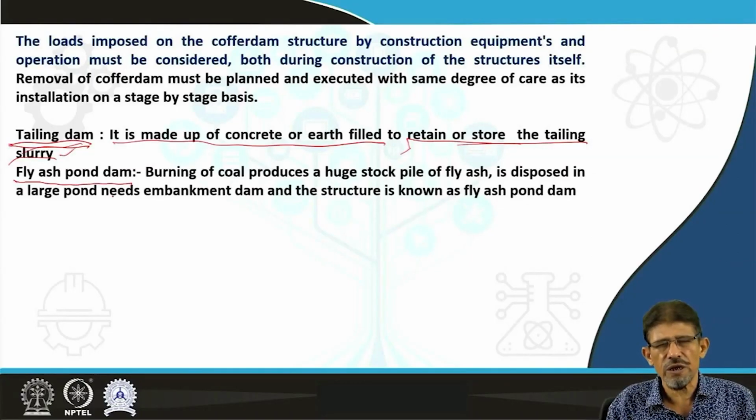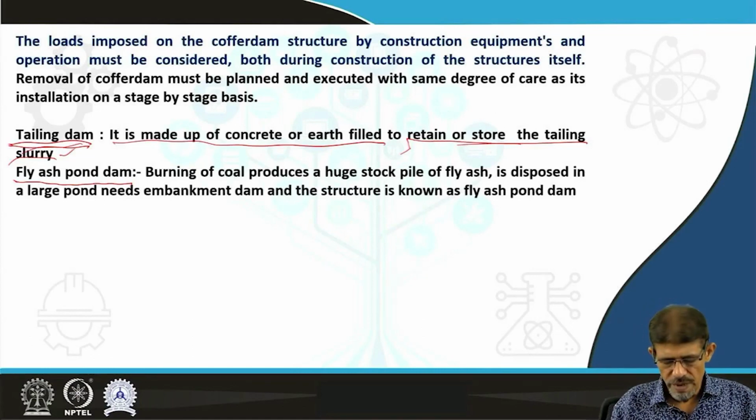Nowadays it is a very critical problem to stabilize fly ash coming due to burning of coal from thermal power plants. Huge quantity of fly ash is creating a lot of problems and covering a large area.